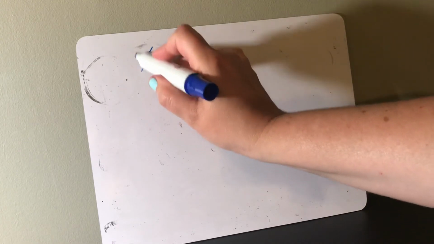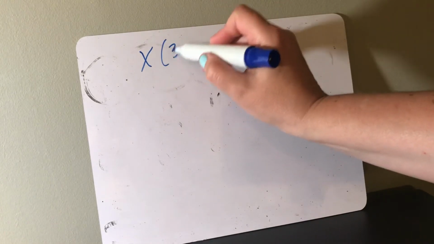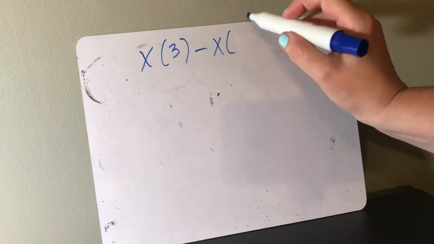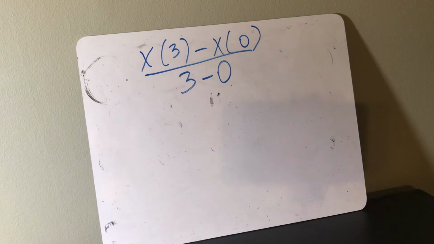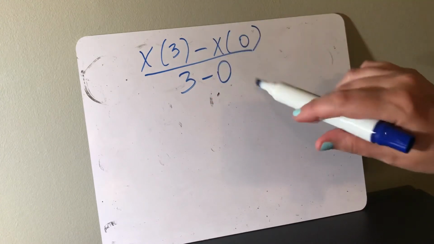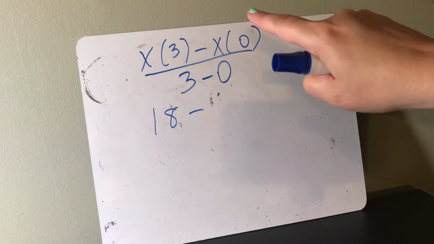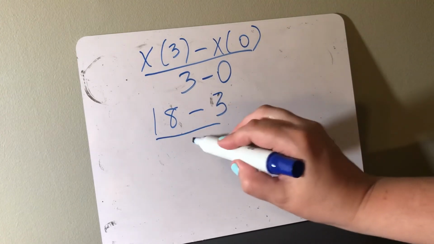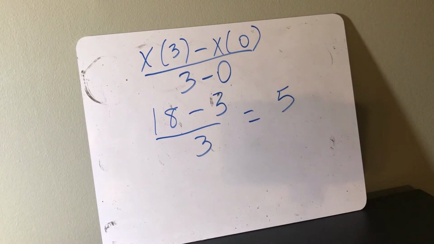All right, so I'm going to do the average velocity, which is just like slope. I'm going to take the position function, and when you plug in 3, you get 18. Position function, plug in 0, you get 3. So your average velocity is 5.